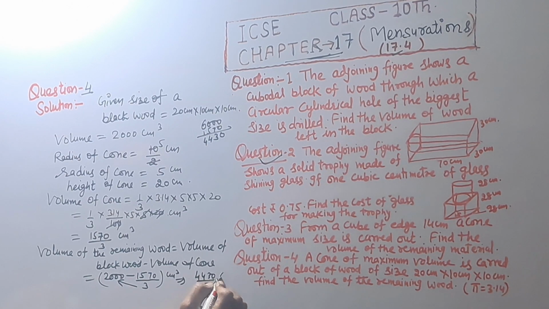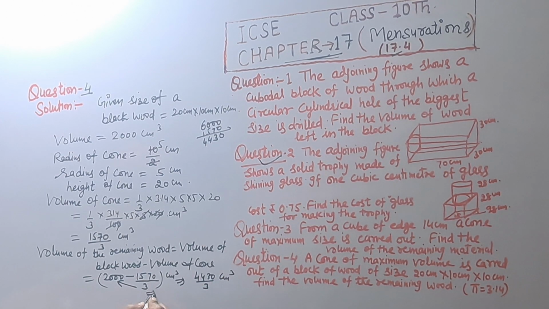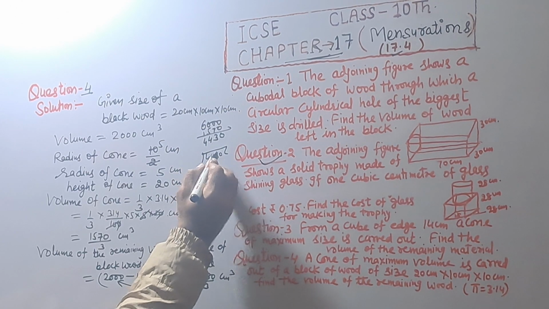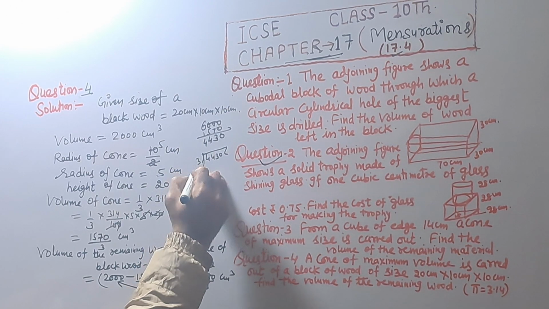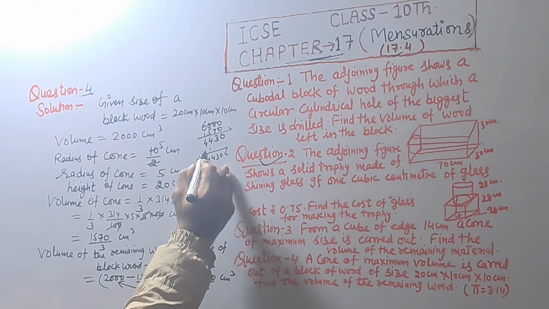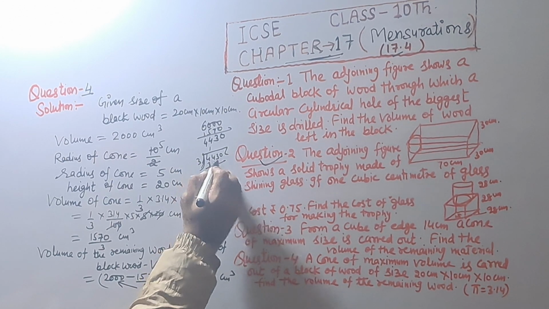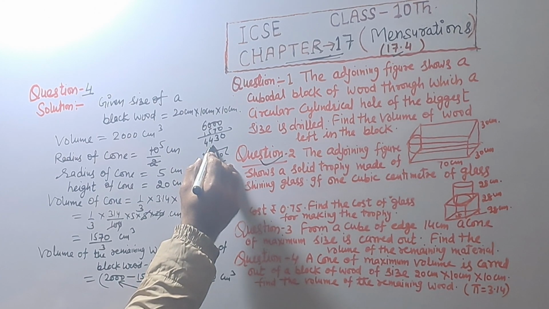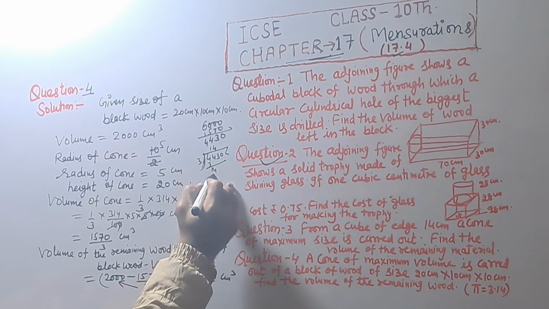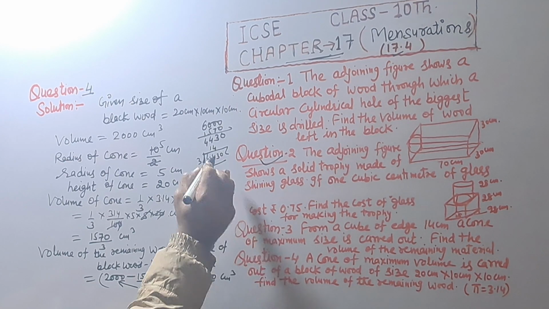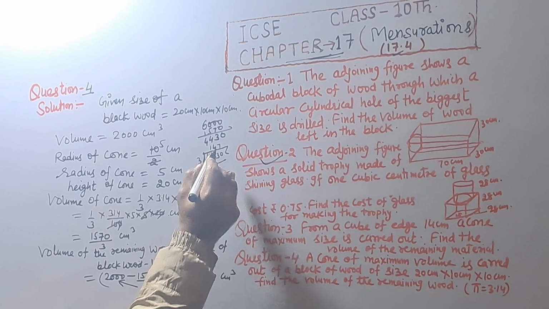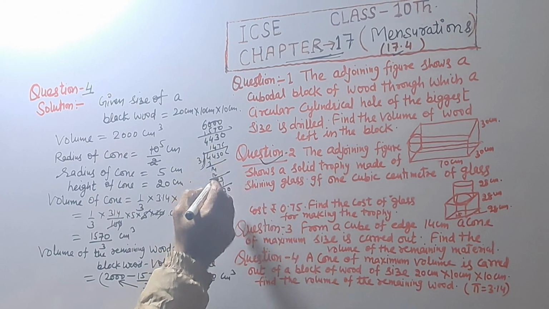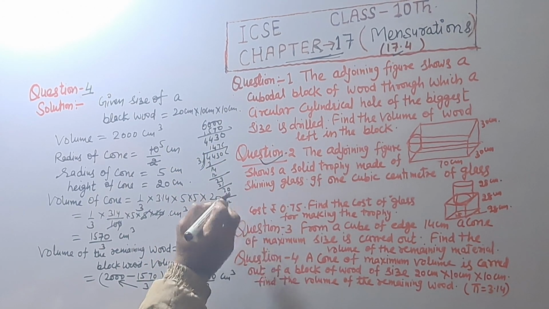So 4430 upon 3 centimeter cube. 4430 divided by 3. 3 1s are 3. 3 4s are 12. 2 3. 3 7s are 21. 2 0. 3 6s are 18. 2.